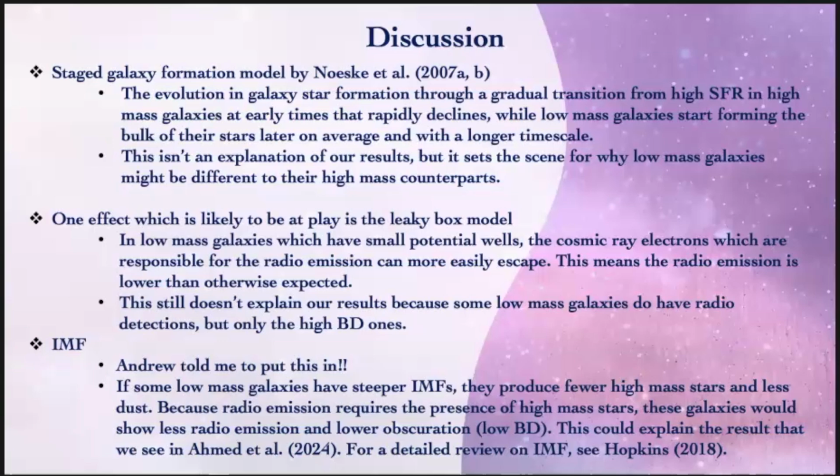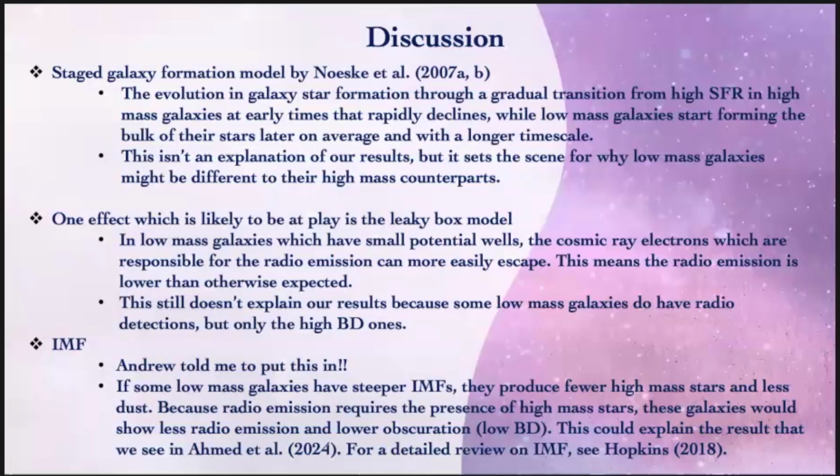So now, if there are fewer high mass stars present than expected, radio luminosity will be lower than expected. So our result of low mass, low obscuration systems could be a consequence of the IMF being poorer in high mass stars compared to their higher Balmer decrement counterparts.